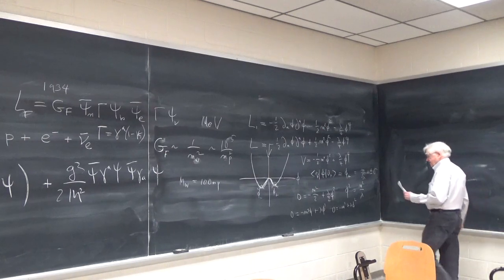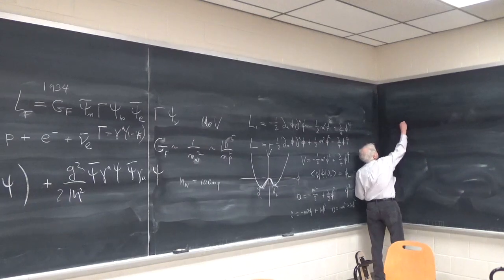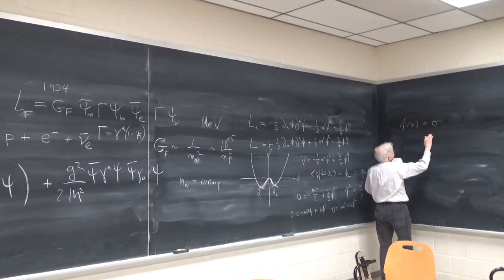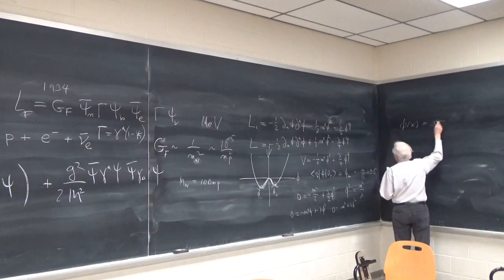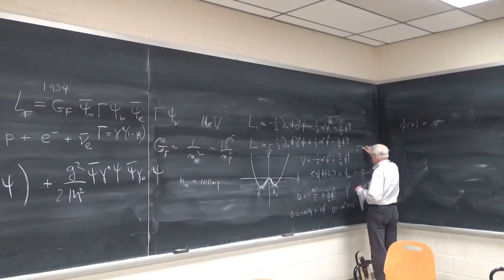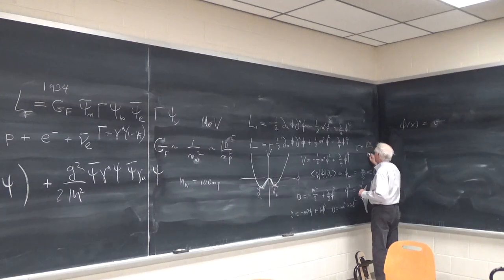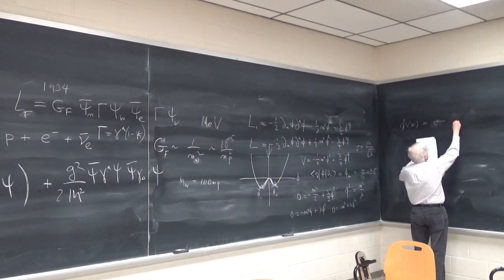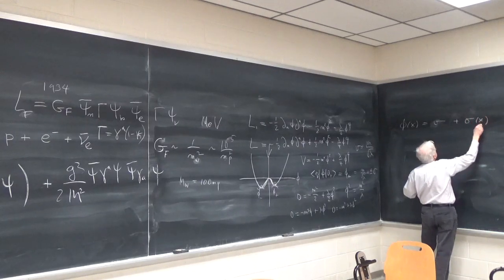Okay, now the standard thing to do is to say that phi of x is a constant v, and I'm going to choose v to be m over square root of lambda, plus sigma of x.